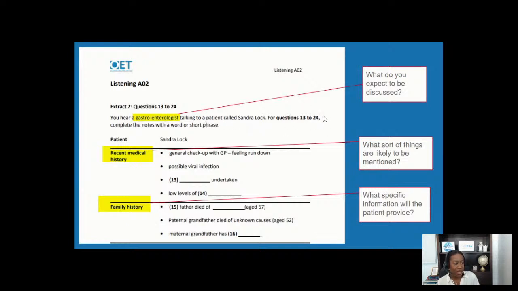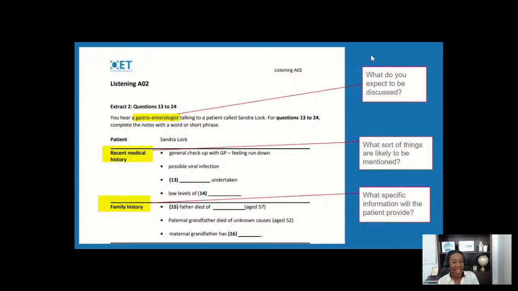In the questions, there are 12 questions here, you will complete the notes with a word or short phrase. With this in mind, we're going to use this context to activate our minds and think of the sort of words and phrases we might expect.